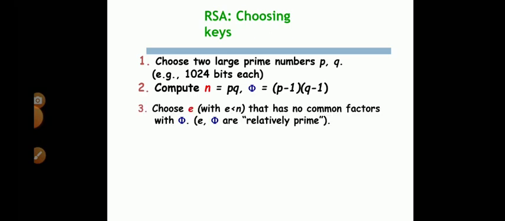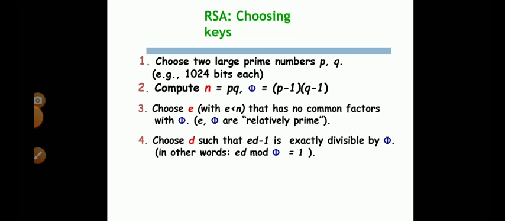The third step is to choose E, where E is less than n and has no common factor with phi, that is, E and phi are relatively prime. The fourth step is to choose D such that E into D minus 1 is exactly divisible by phi. In other words, E into D mod phi is equal to 1.